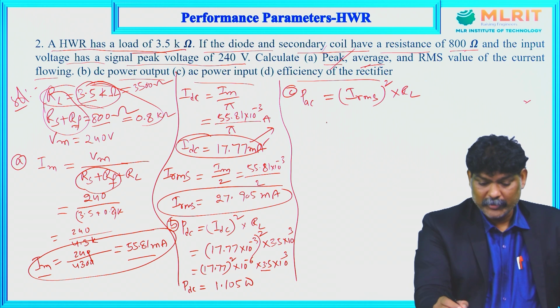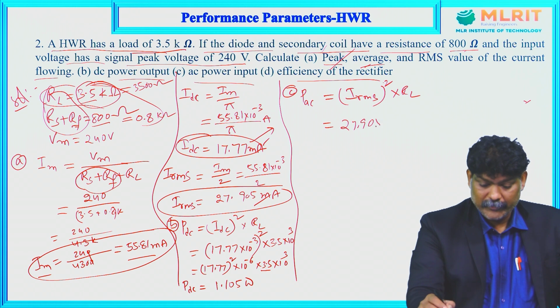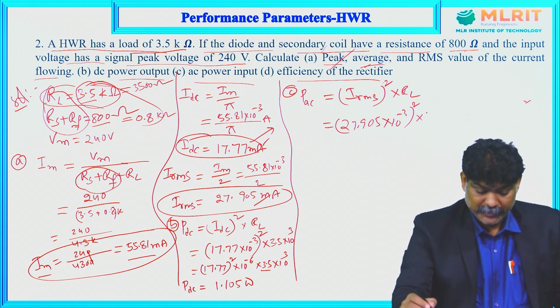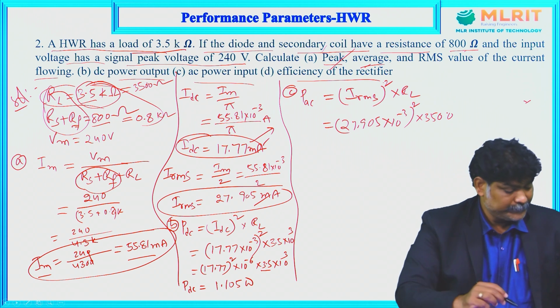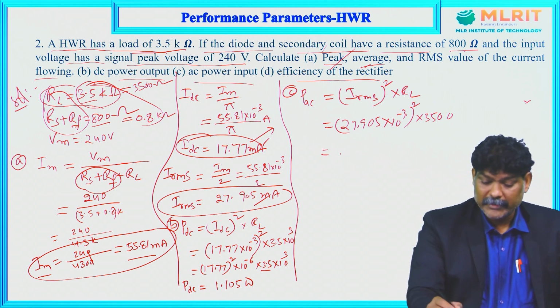So that is approximately given by, what is IRMS? 27.905 into 10 power minus 3 whole square into RL. So what is the value of RL? So 3500. So if you solve for this, you will get approximately 3.348 watts. Okay, this is PAC.